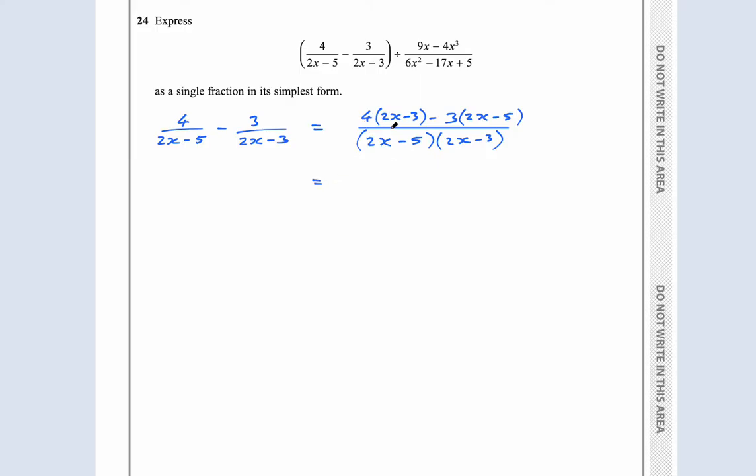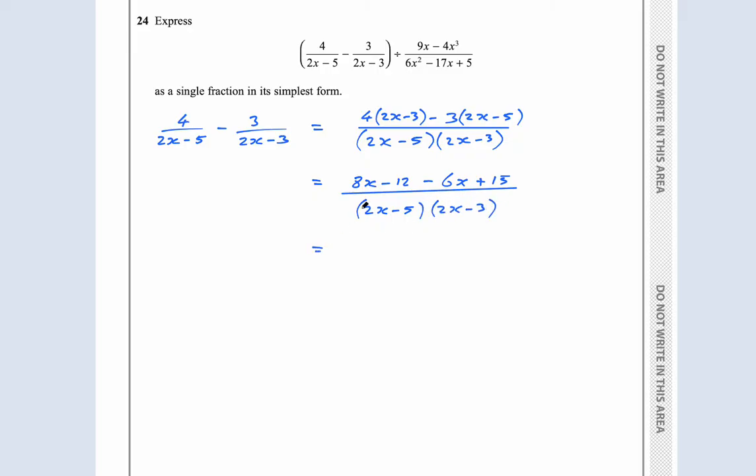Then I'll simplify the top, multiply out. It's 8x minus 12 minus 6x plus 15 all over 2x minus 5 times 2x minus 3.